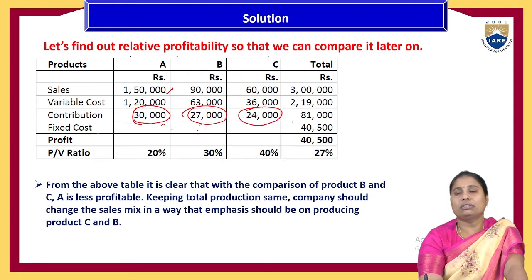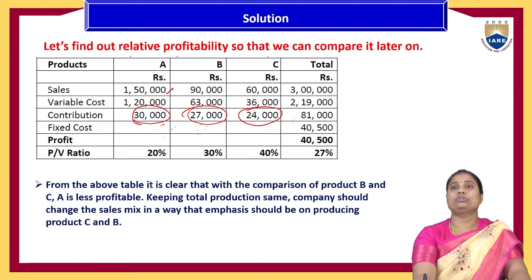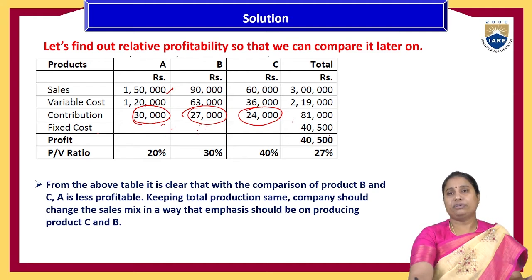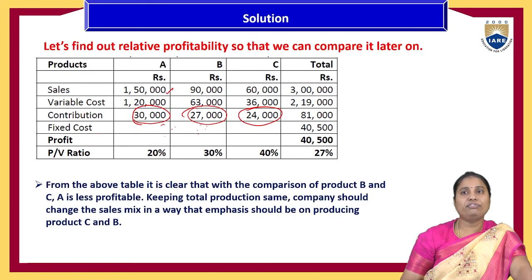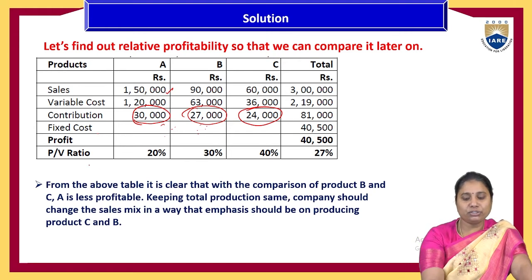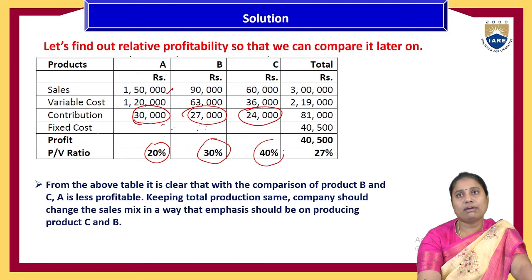The total contribution is 81,000, and if we subtract the fixed cost of 40,500, we get a profit of 40,500. So the P/V ratio of A is 20%, the P/V ratio of B is 30% and the P/V ratio of C is 40%.